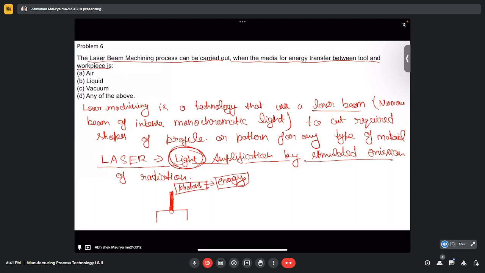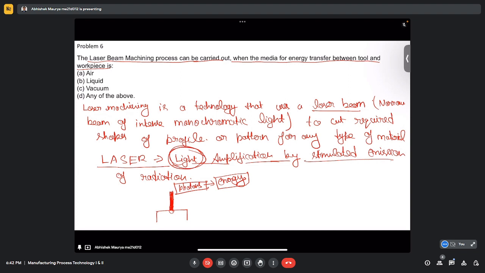Earlier in electron beam machining, we have seen the electrons are coming and they were transferring the kinetic energy to the workpiece material. And here in place of electrons, photons are coming and they are transferring thermal energy to the workpiece, because of which the temperature of workpiece material gets increased.